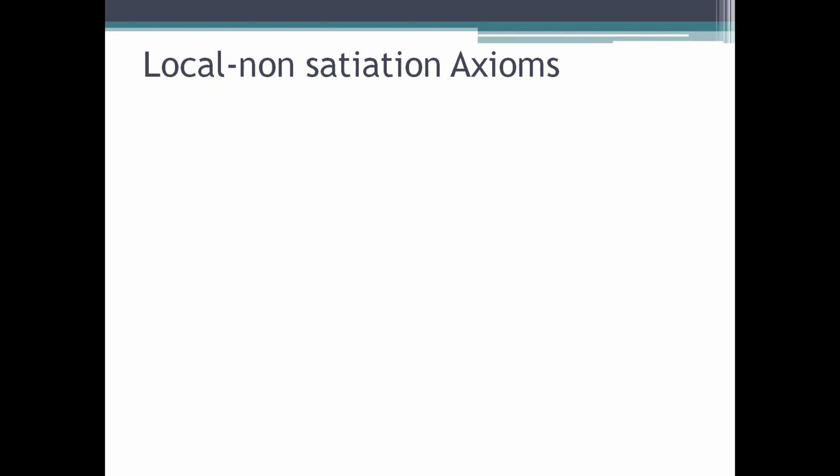In our axiom, how do we call it? We call it local non-satiation. This means that we will not reach such a consumption bundle that whenever we go close to it, we are much better. We are always better off until we reach it. It's the contrary.